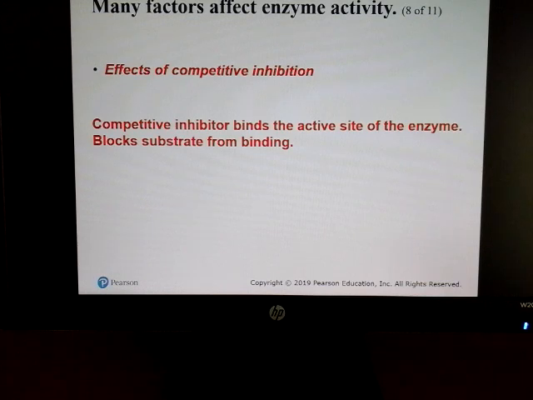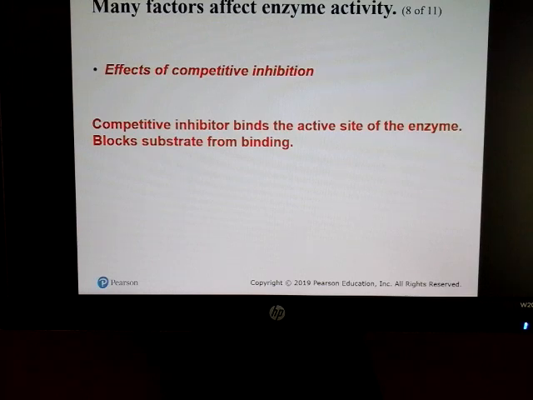Now, a lot of medication out there is actually based on inhibiting enzymes. So please know competitive and non-competitive inhibition. A competitive inhibitor binds the active site of the enzyme and blocks substrate from binding. So that's competitive inhibitor.